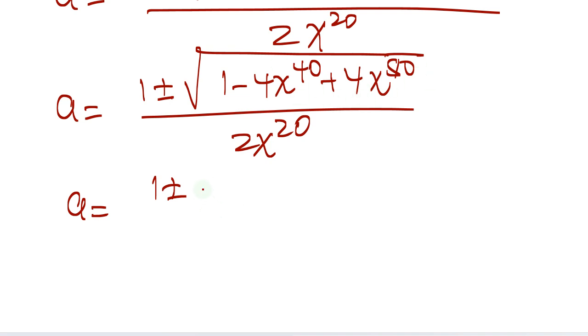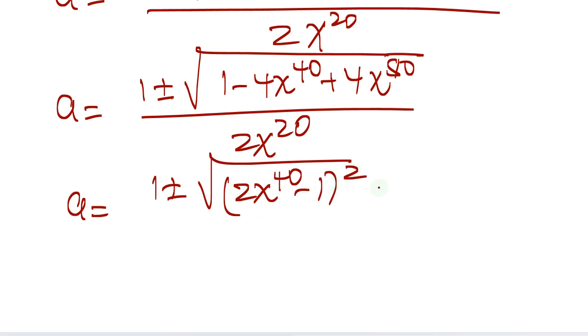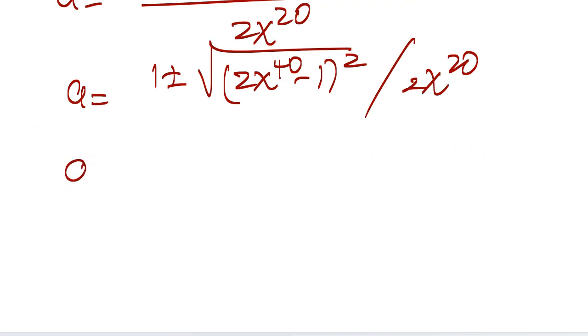This is a perfect square, which is 1, right? I'm going to say 2x to the 40 minus 1, and then this is squared, and all divided by 2x to the 20. So our a then is going to be equal to this, so we have the positive square root here, right?